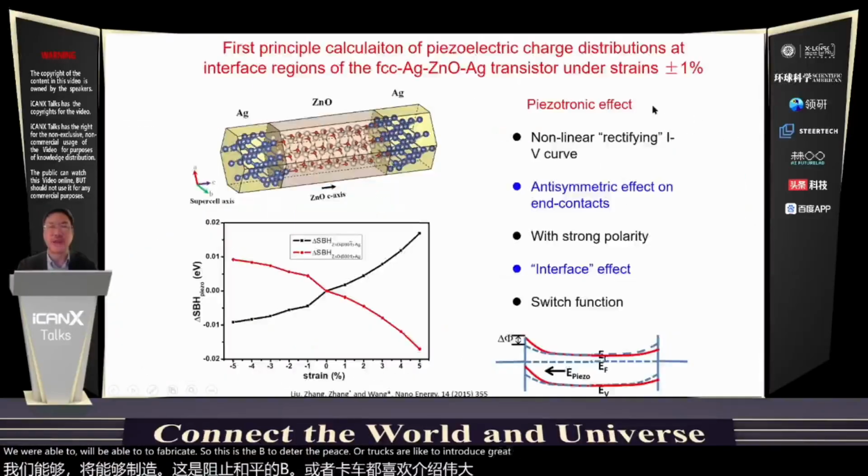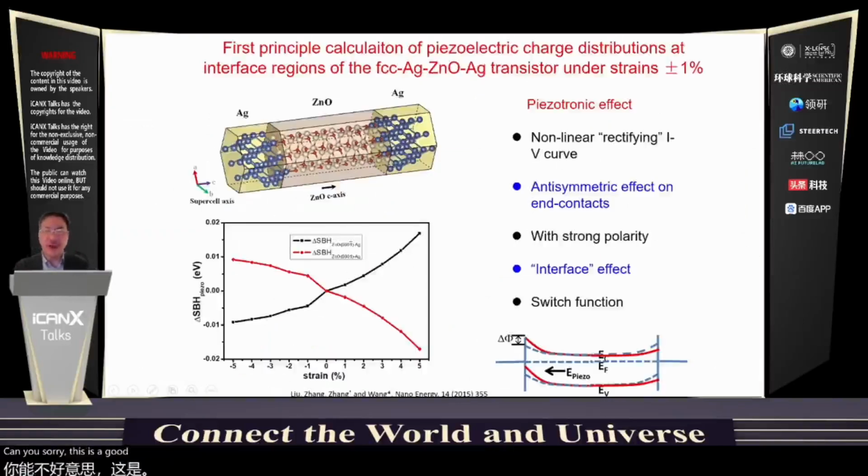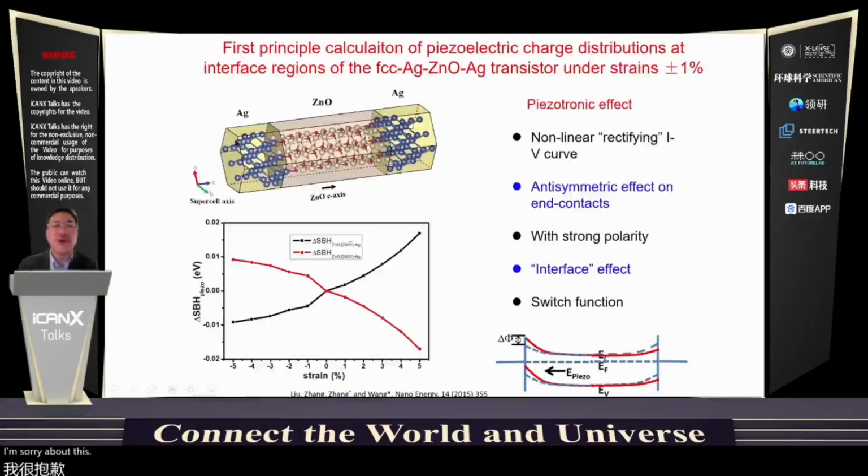Okay. Now, can you? Sorry, this is a little fast. If you have a metal-semiconductor-metal contact, zinc oxide has a polar direction. If this surface is zinc terminated, the other surface will be oxygen terminated. They have different polarity.